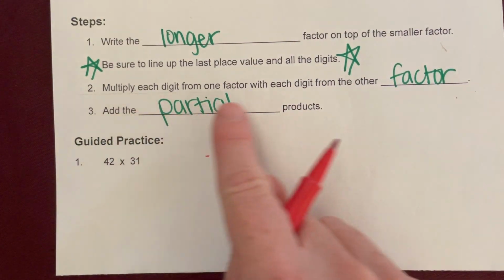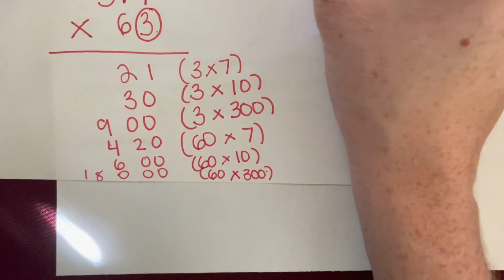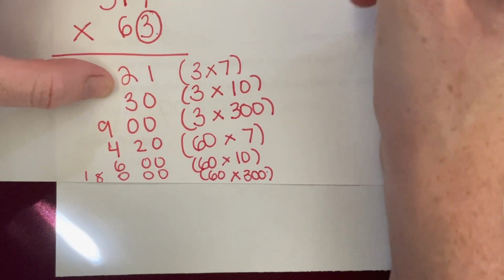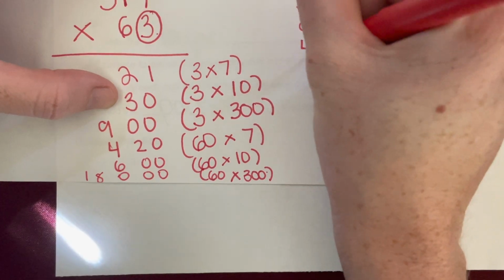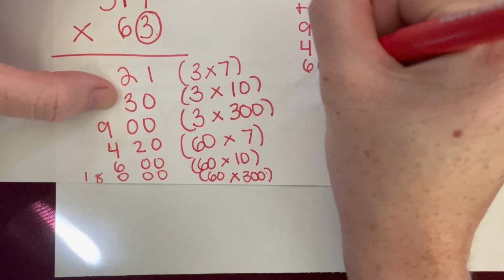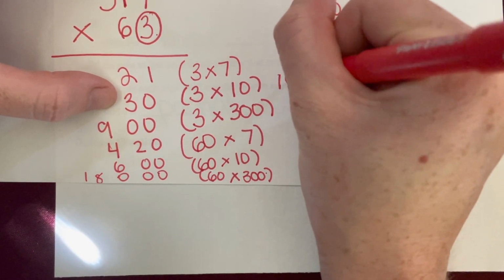Next step is add the partial products. I ran out of room, so I'm going to rewrite that. I have 21 plus 30 plus 900 plus 420 plus 600 plus 18,000.